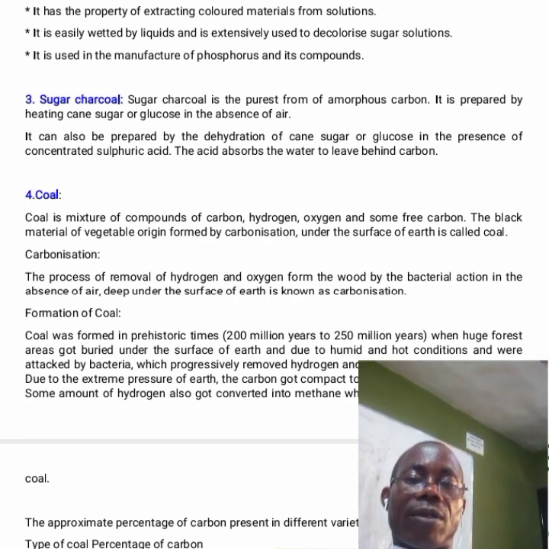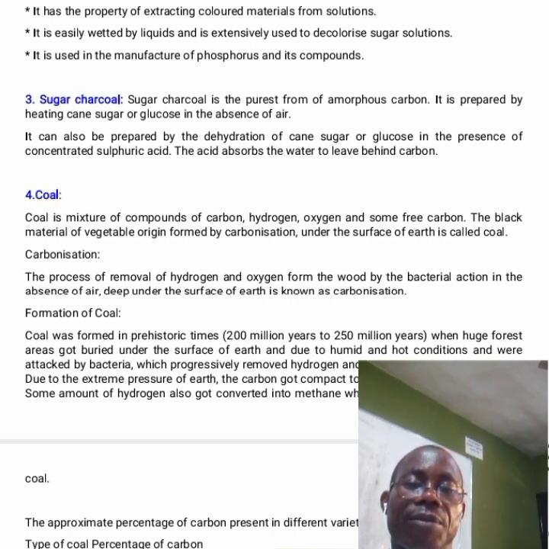As a free element, we have carbon in diamond, in graphite, in fullerene, in charcoal, and in combined form, we have carbon in organic compounds like carbohydrates, fats and oils, lipids, and hydrocarbons, and also in inorganic compounds like carbon dioxide, carbon monoxide, and the carbonates.